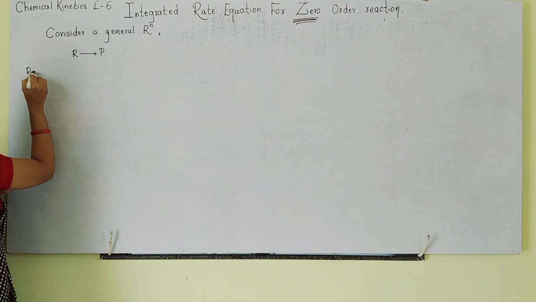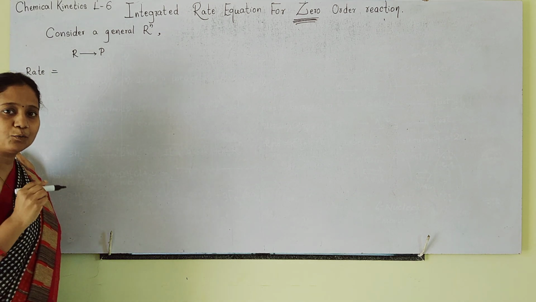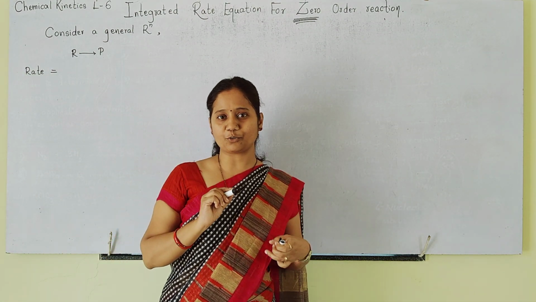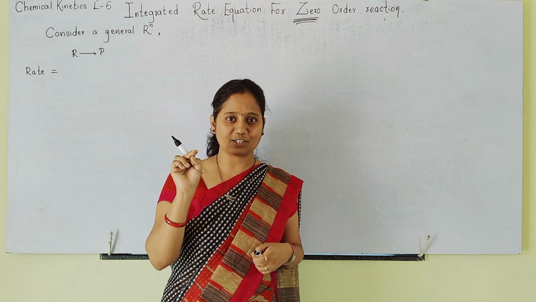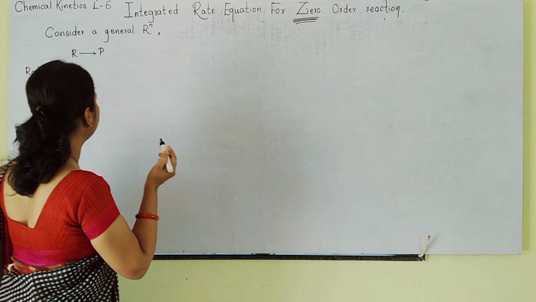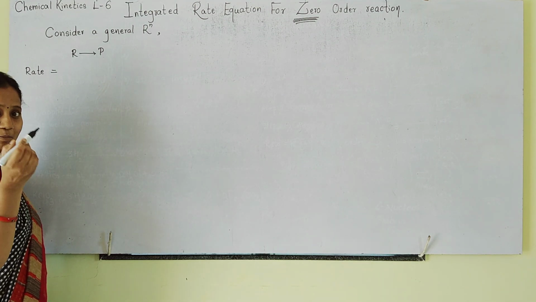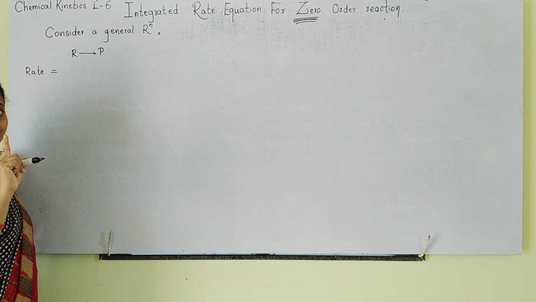So we can write the rate by our first method, how we are writing the rate of a reaction. Now here you have to write the rate of reaction with respect to reactant R. A negative sign should be given. So I am writing the rate of a reaction according to the first method taught to you in our lecture number 1.